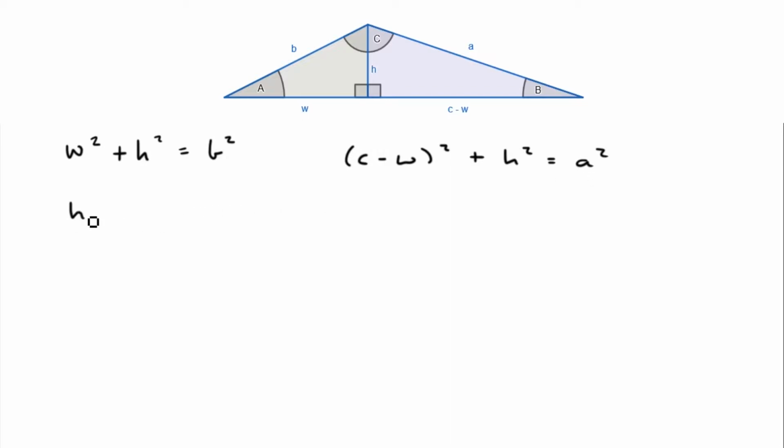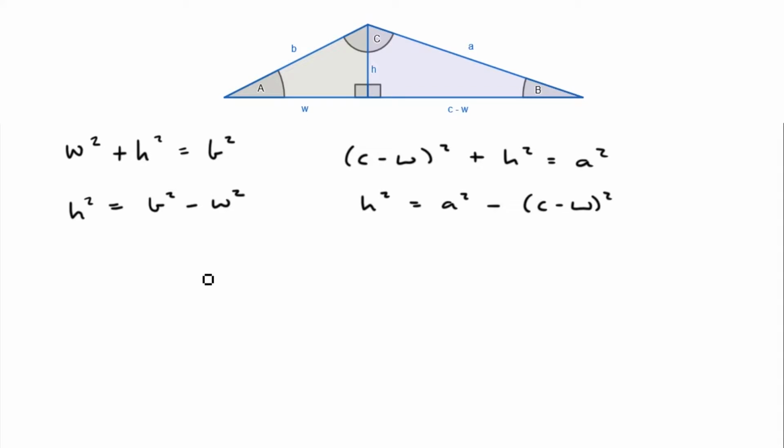Let's just rearrange both of these to make them h squared is equal to. So in the first case it's b squared subtract w squared. In the second case h squared will be equal to a squared subtract c minus w squared.